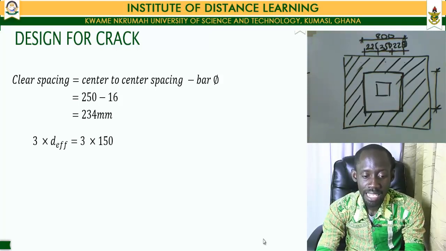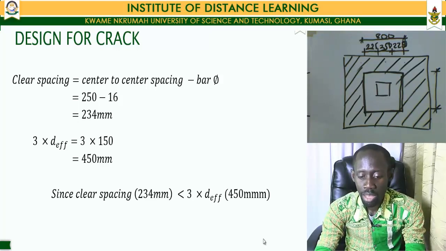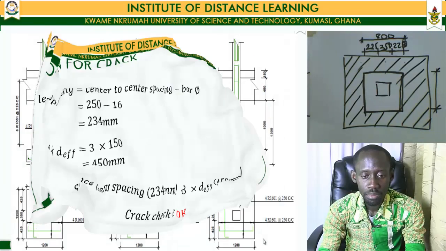Now, multiplying our d effective by 3 gives us 3 multiplied by 150 with an ultimate value of 450 millimeters. Comparing the two values, we would realize that our clear spacing, which is 234 mm, is less than 3 times our effective depth, which is 450 mm, in which case our crack check can be said to be okay.